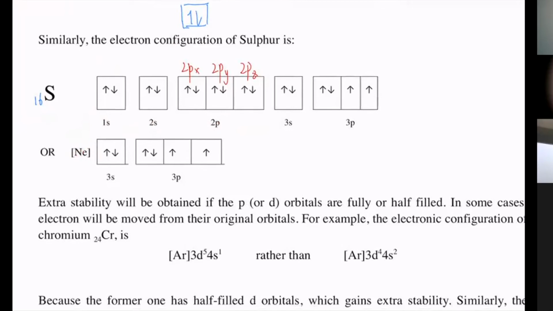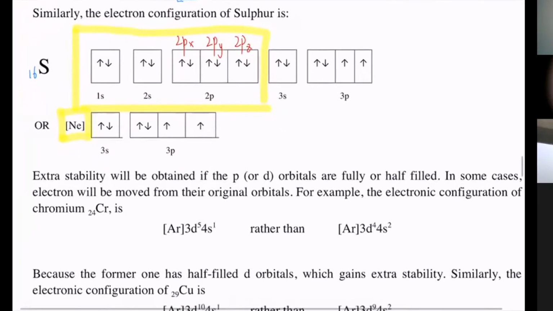Neon actually represents this part. And then we just show the arrangement of electrons in 3s orbital and 3p orbitals. So this part is representing this part. It's equivalent. So you have to be able to recognize this kind of representation.